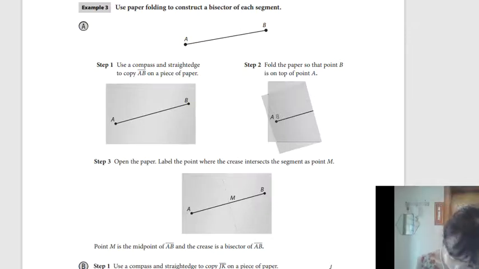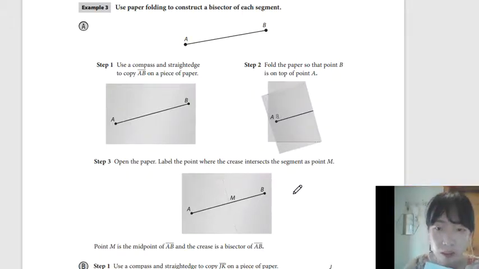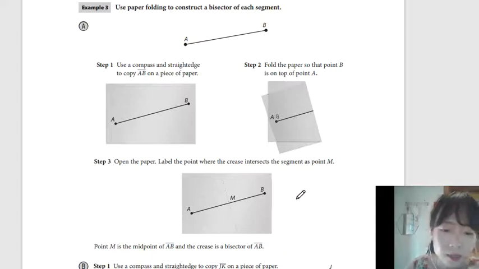This does not exactly have to be a midpoint, but this is a point of intersection, point M. Okay. Point M is the midpoint of AB. And the crease is a bisector of AB. Oh, okay.